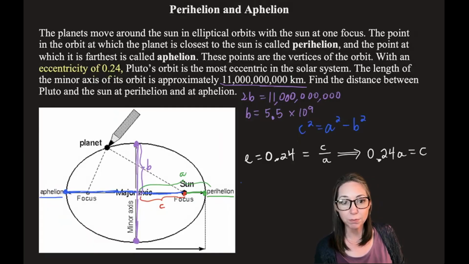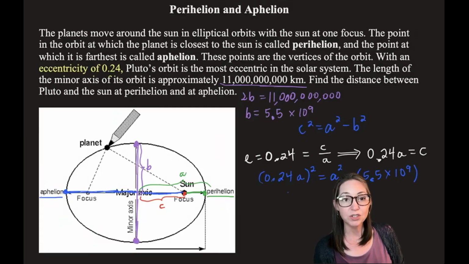So c is equal to 0.24a. Let's plug that in for c squared. That will give us 0.24a, all squared, equals a squared minus b squared. But we know now that b is 5.5 times 10 to the power of 9. Now we have an equation for which we can solve for a.